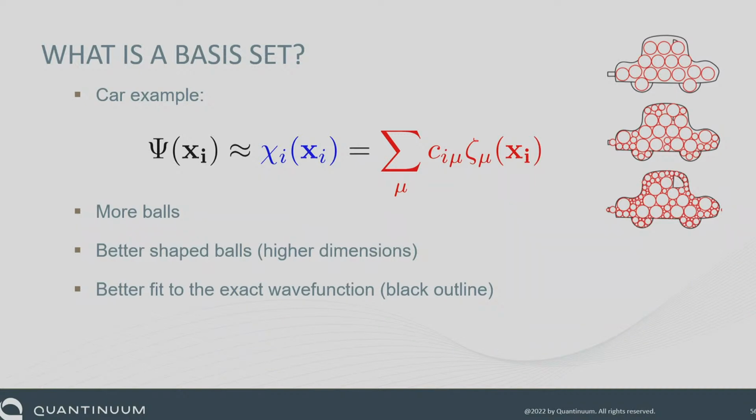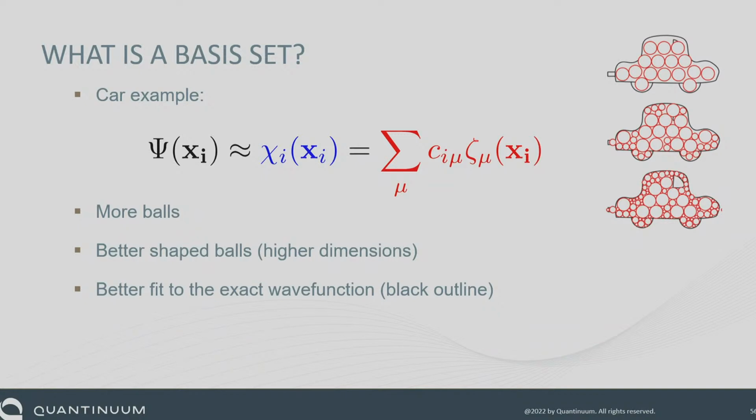So the stuff we show for benzene, things like that, you essentially build from a smaller set of what we call basis functions. So if you've got more balls, a larger basis, you'll get a more accurate answer.